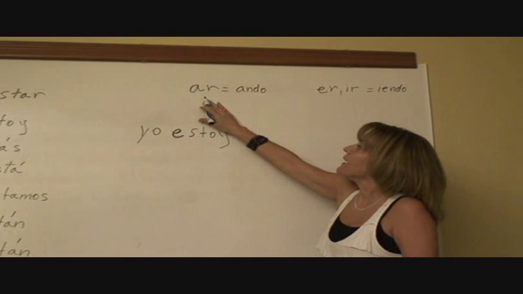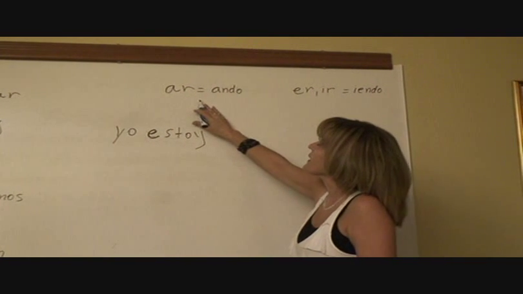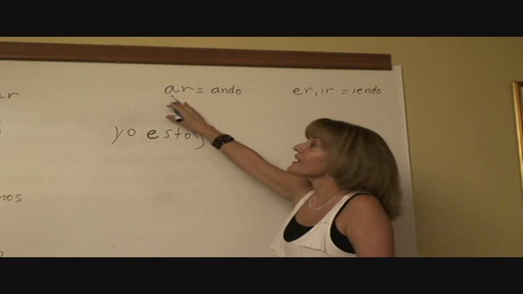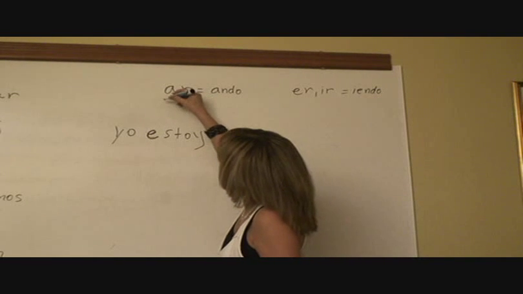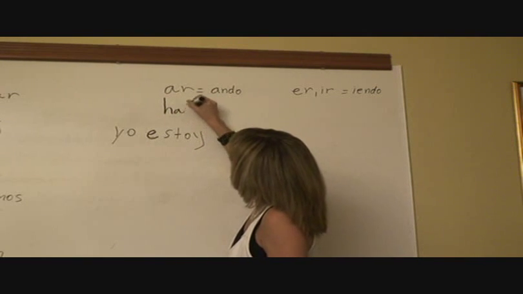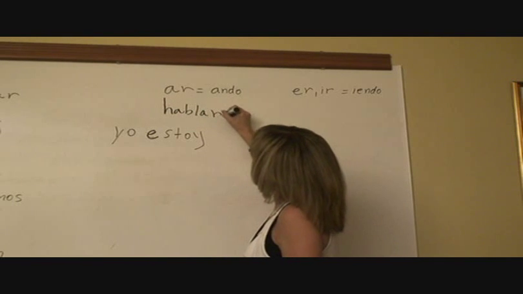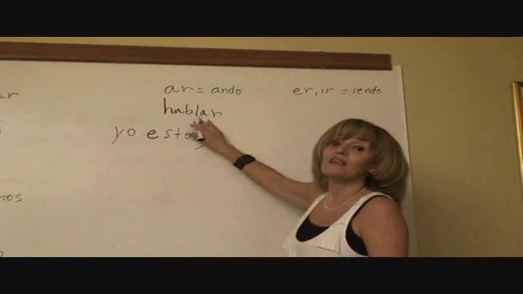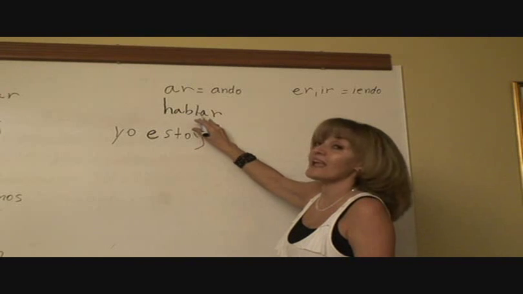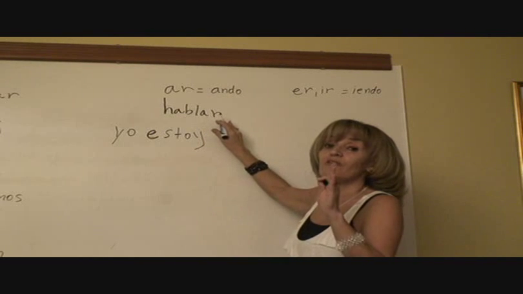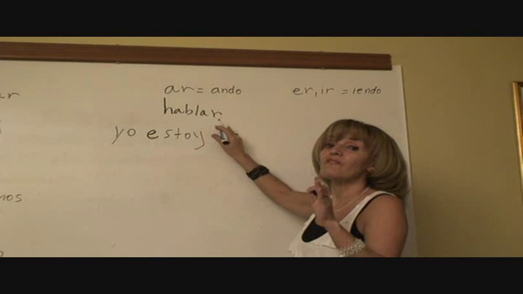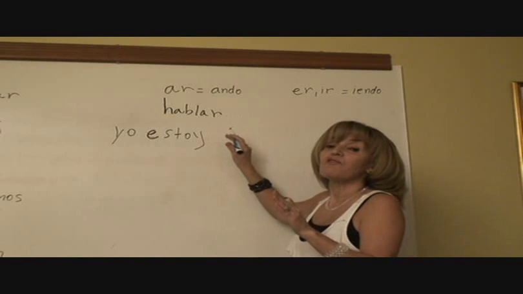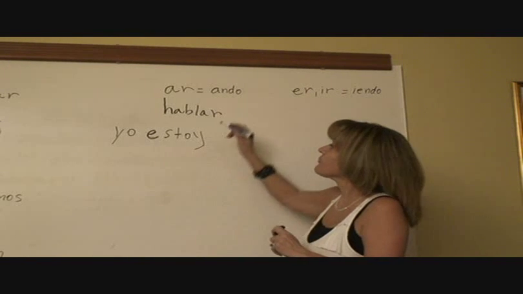Let's take the verb hablar, we said, which is an AR ending verb. You drop the AR. Hablar is the one we're using. You drop the infinitive ending, which is AR. Remember that the infinitive is the form of the verb in its basic form before you conjugate it.